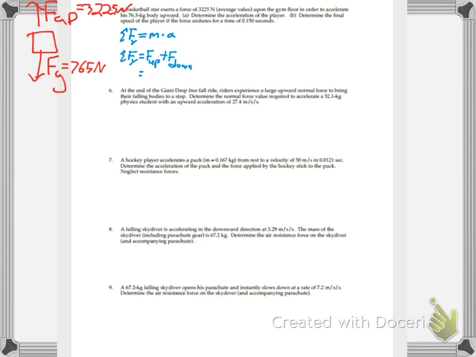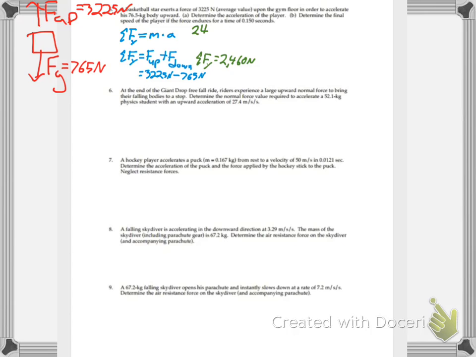In this case, our up force is 3,225 newtons, and then our down force would be negative 765 newtons, so that the sum of our forces in y will turn out to be 3,225 minus 765 for a total of 2,460 newtons.